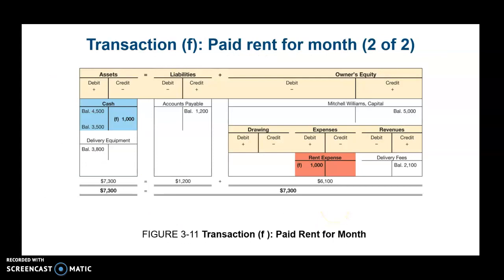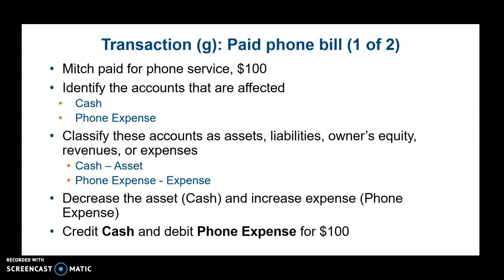Paid rent for the month would be the same kind of thing. You would have cash being a negative here. So you're actually going to decrease cash by $1,000, and then you're going to increase your rent. Because remember, your rent is actually increasing. You want to add up all year long or all quarter long how much your rent was so you can see what your whole rent expense was for that time period.